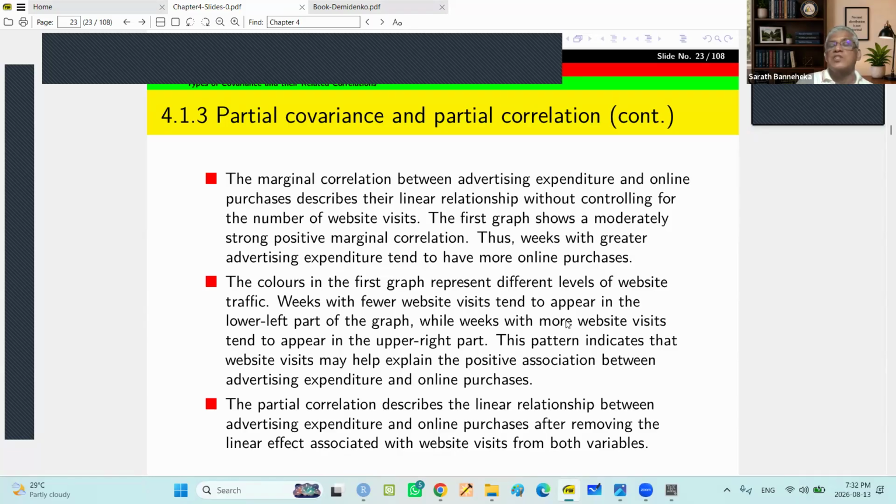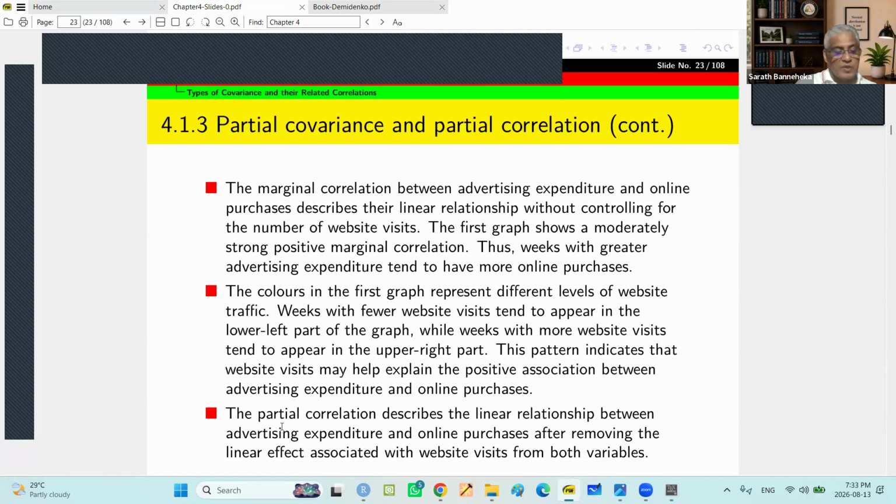It was moderately strong. Thus, weeks with greater advertising expenditure tend to have more online purchases. The number of website hits is depicted with different colors in the graph, as I showed here.